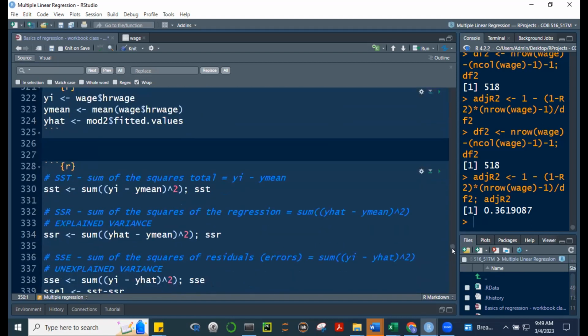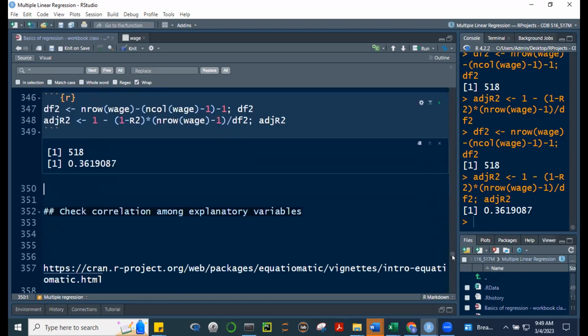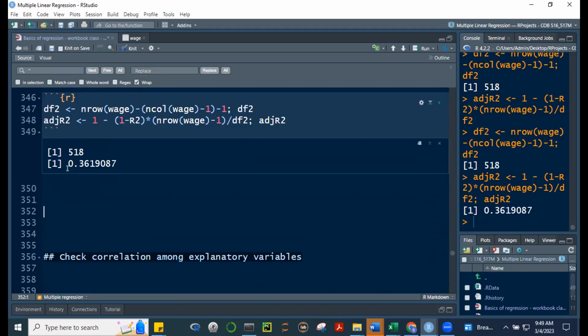Now, we will compare model 1 and model 2. Which is better, model 1 or model 2? Model 1, which is a simple linear regression, has an R squared equal to 16%.